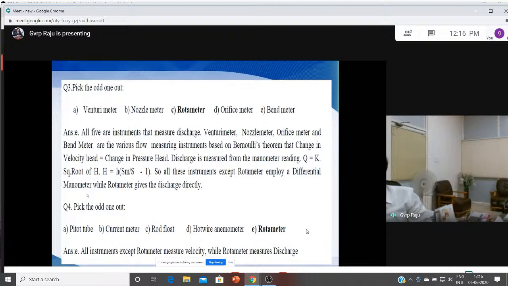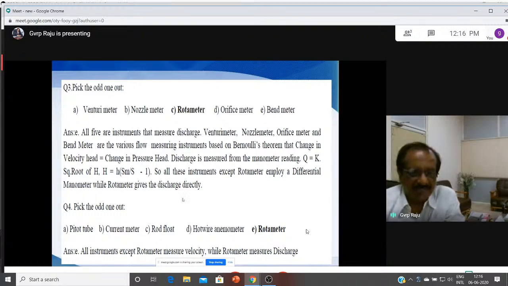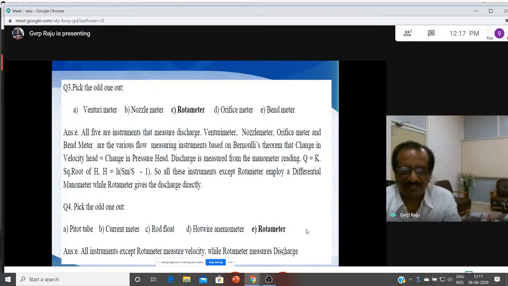All the others use a differential manometer for measuring discharge, whereas the rotameter gives the discharge directly. Another one, we have all the equipment here: Pitot tube, current meter, rod float, hot wire anemometer. These are all for measuring velocity, whereas the rotameter is for finding out discharge. This is a different type of asking question here.